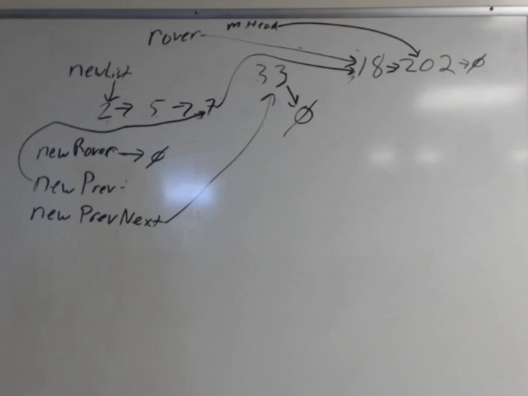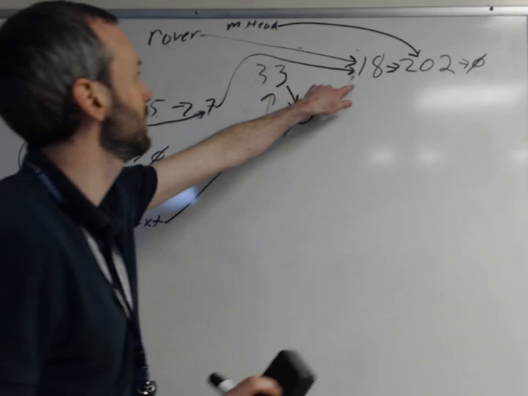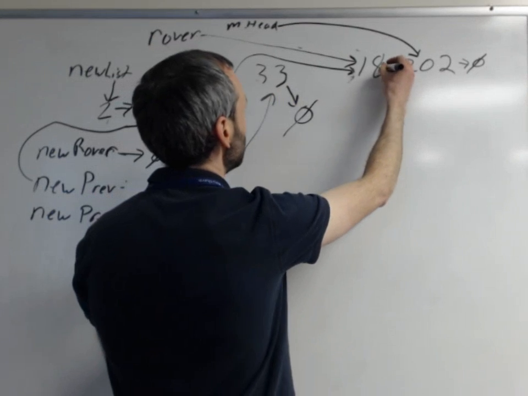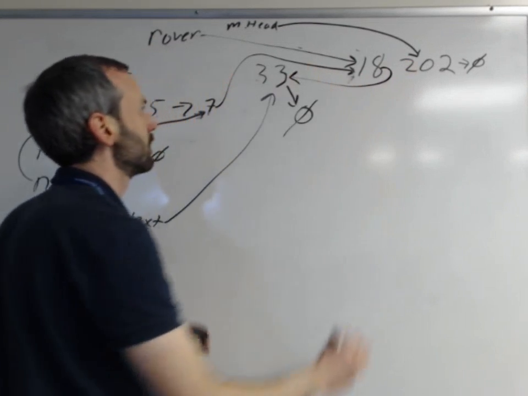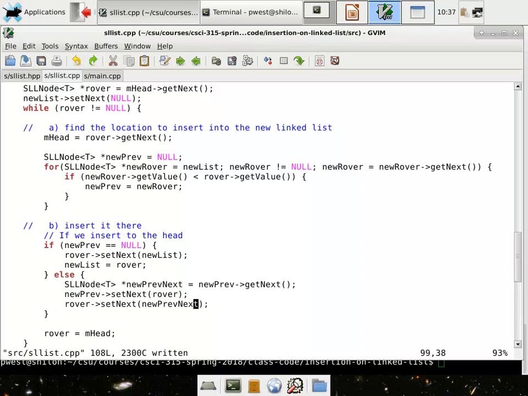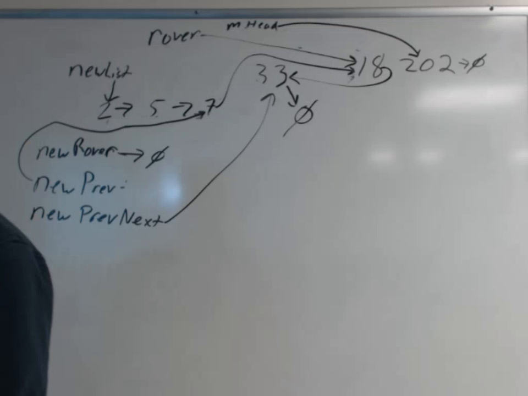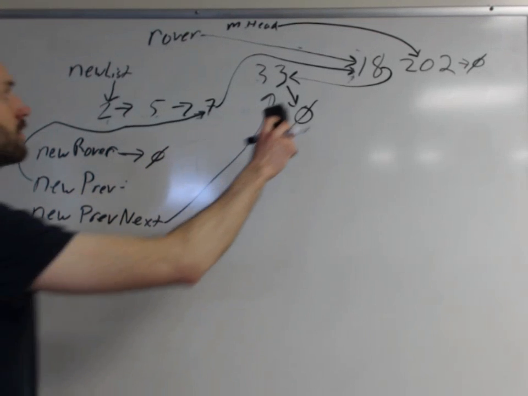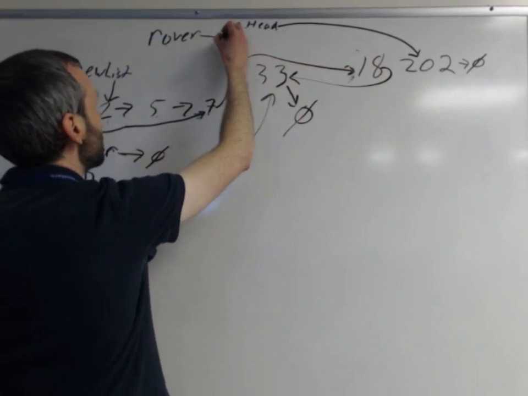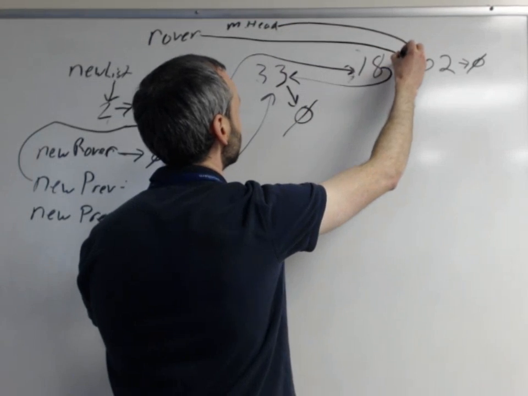So if we go back here, then rover, which is currently this 18, will go and point to where new prev next is, which means this 18 will now go to this 33. All right? Then, now that our if statements are done, rover equals imhead. So imhead's pointing to the 202. We'll go and erase this. Put this guy all the way over here.